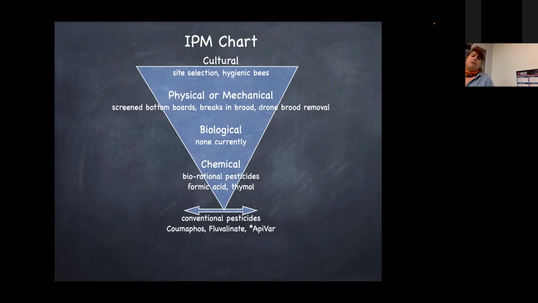You can do physical or mechanical things like the drone brood removal and breaks in brood. If you put in screen bottom boards, which seems like kind of a silly thing, some of the mites will fall off the bees and fall out of the hive. It's a really minor thing, but it actually reduces your population.